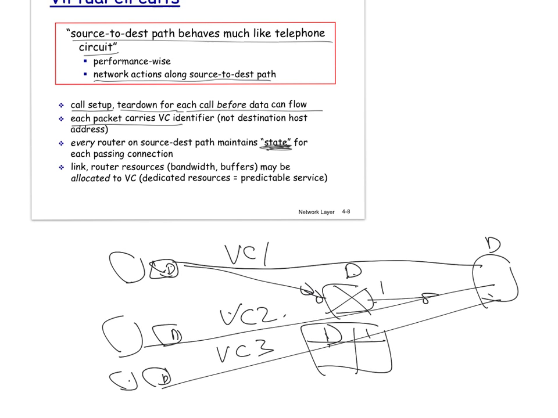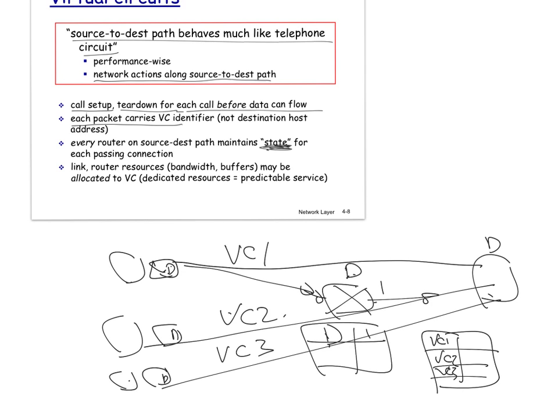Then this router has to have three different entries: for virtual circuit 1, virtual circuit 2, and virtual circuit 3. Do you understand the difference? So maintaining the states for virtual circuits potentially increases the overhead on the routers, increases the states that the router has to maintain.